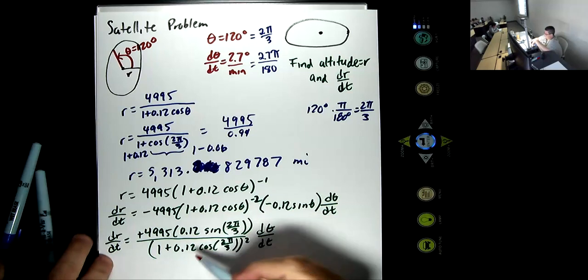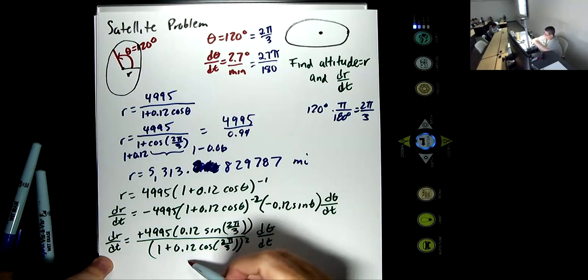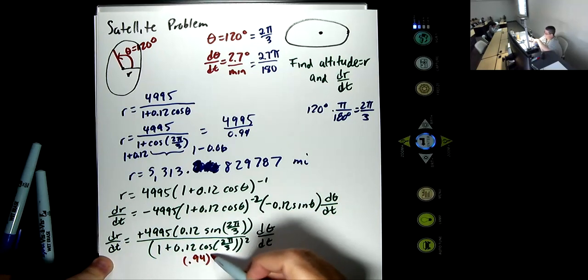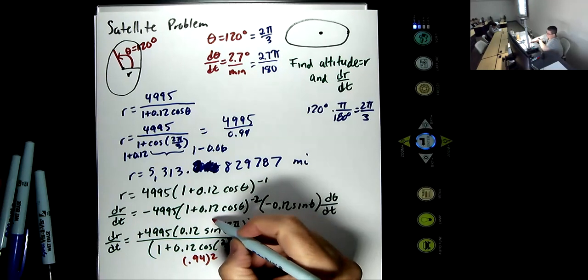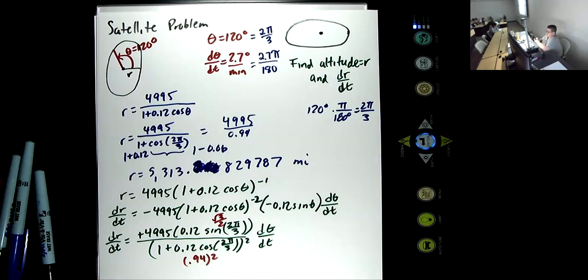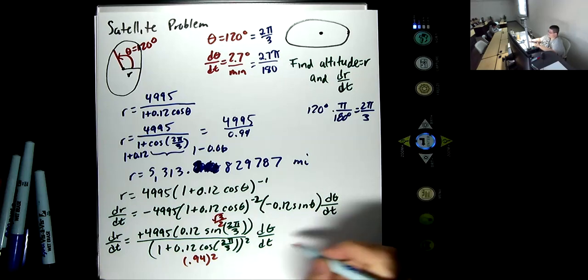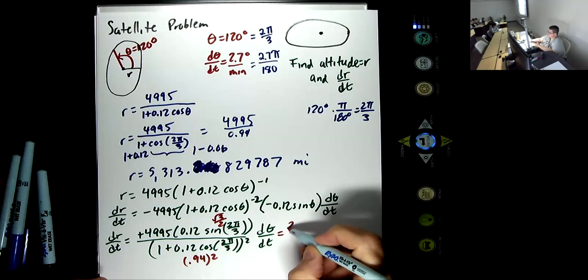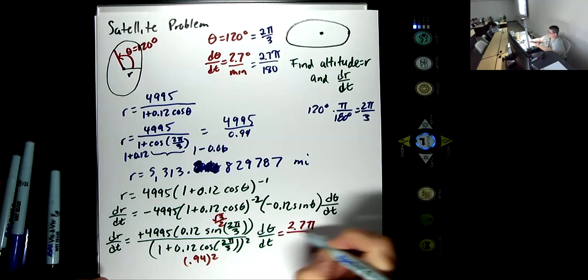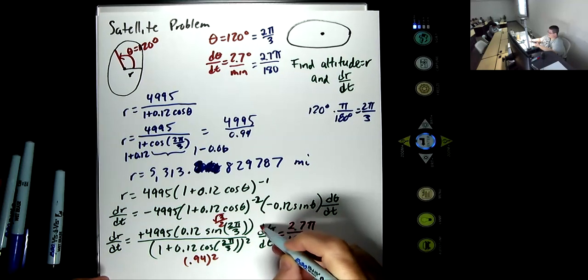And we already calculated this. This was 0.94, so we got 0.94 squared on bottom. Sine of 2 pi over 3 is the same thing as sine of pi over 3, which is root 3 over 2. So I've got on top, oh, and d theta dt is 2.7 pi over 180. I'll cross off d theta dt.